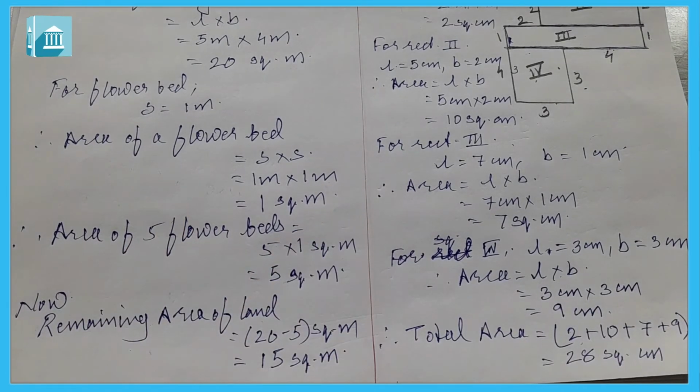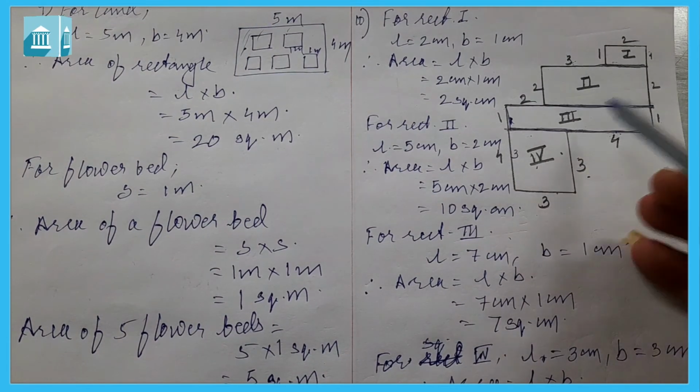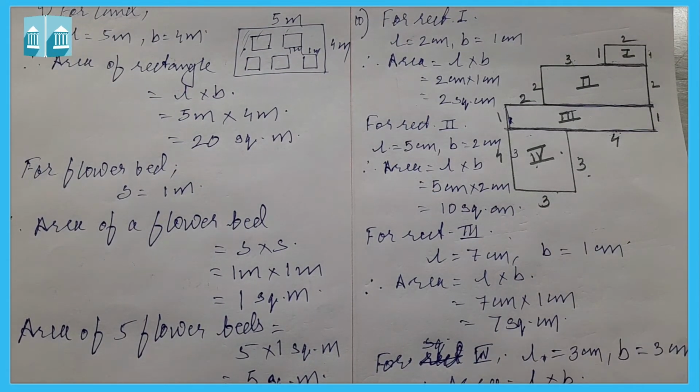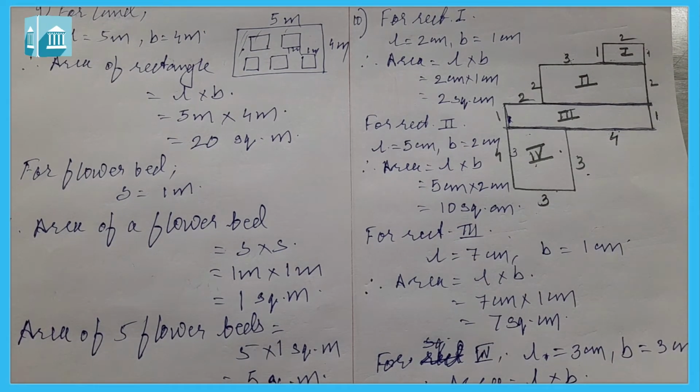So the area of the whole figure is equal to 28 square centimeter. So first we have to divide this into different rectangles 1, 2, 3, 4, find their length and breadth, and then find out the area of the whole figure. Then part B of question 10 and question 11 A, B, C are all the same as we had done this.